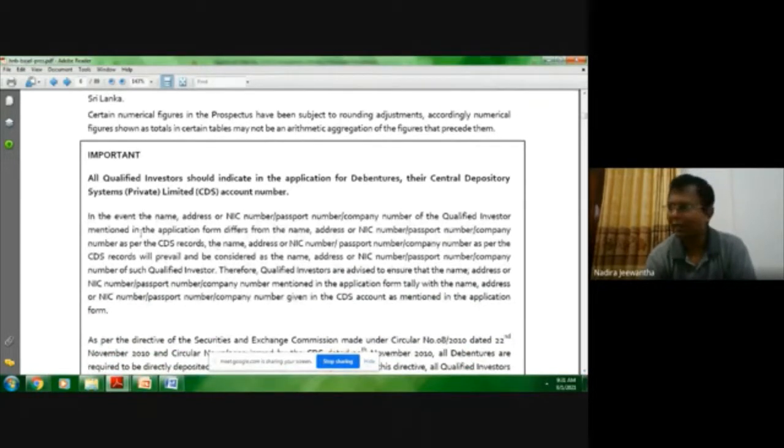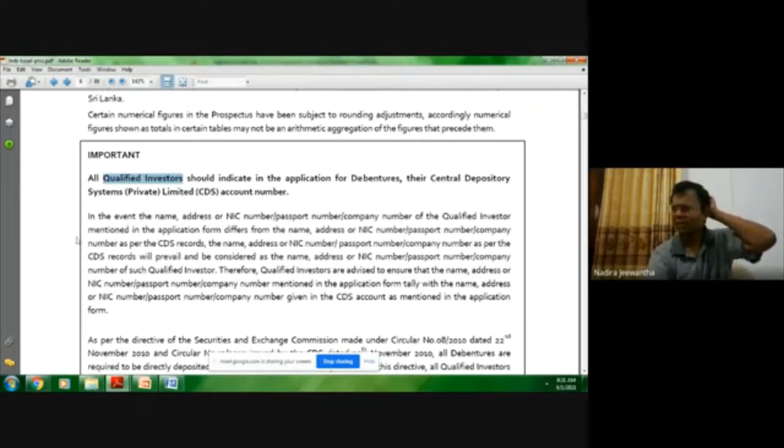Basel III compliant debentures are issued only for whom? Qualified investors. Qualified investors can only invest in this particular instrument.